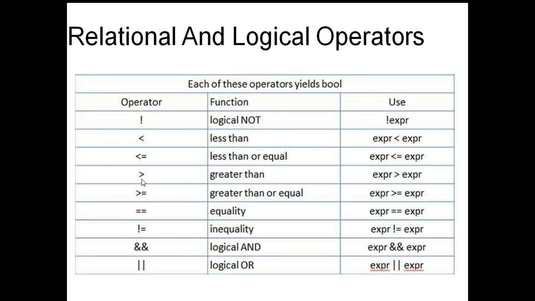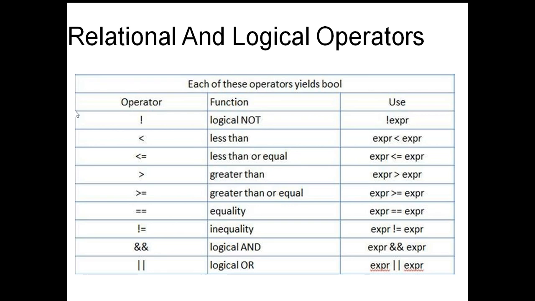We have the operator greater than, where the function is greater than, and you can use it as expression 1 greater than expression 2. And we have the operator greater than or equal to, and you can have expression 1 greater than or equal to expression 2.